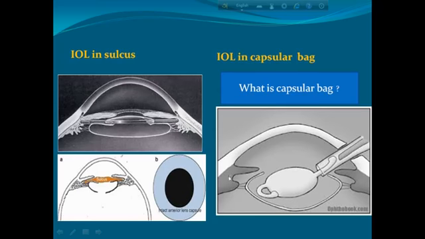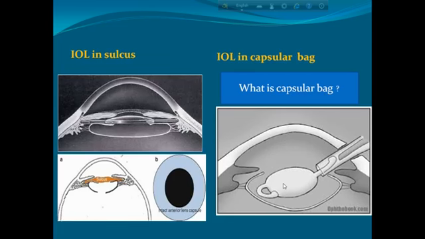This picture helps to understand what the capsular bag is. This is the capsular bag where the surgeon implants the intraocular lens. This is the ideal site of the posterior chamber. So if the examiner asks you, you say your IOL is implanted in the posterior chamber. So posterior chamber, in which site?